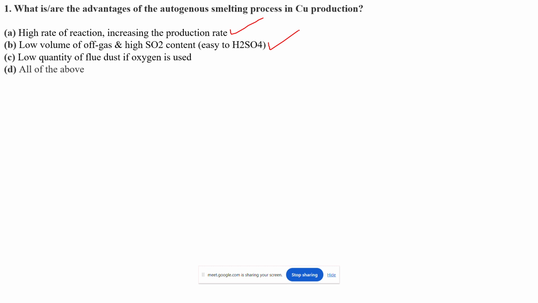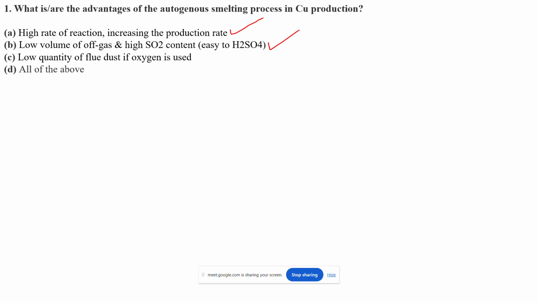Yes, it produces a low volume of off gases because we generally use at least 60 to 80% purity oxygen inside these furnaces for the oxidation roasting process.